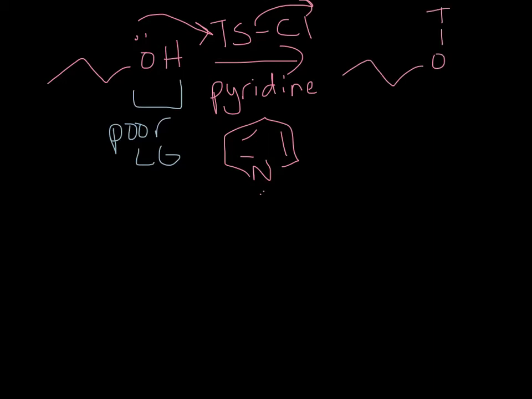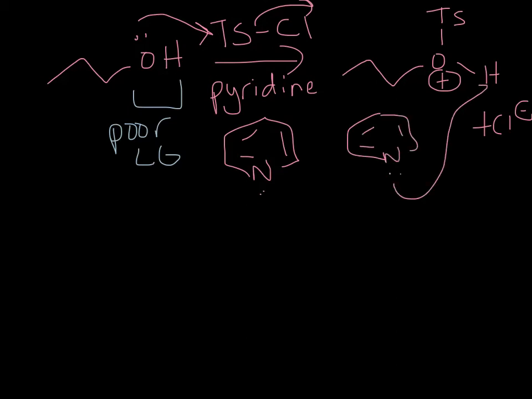So now I have my tosylate connected, and my oxygen now has a positive charge because it has an extra bond on it, and we have a chlorine that left as our leaving group. At this point the pyridine will come in and deprotonate for us. So this is a good base. It grabs that proton, and those electrons go onto the oxygen.